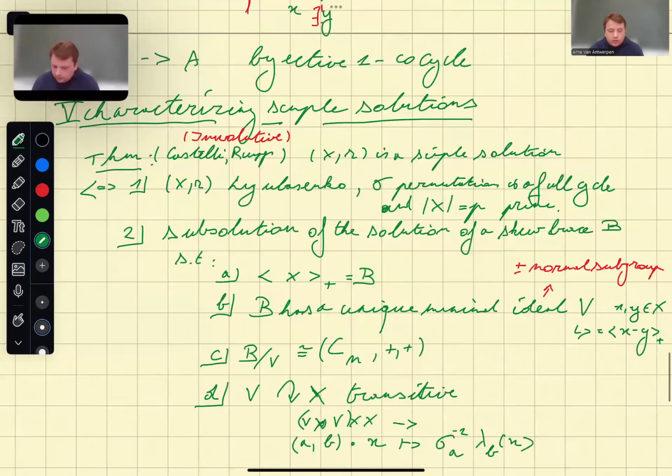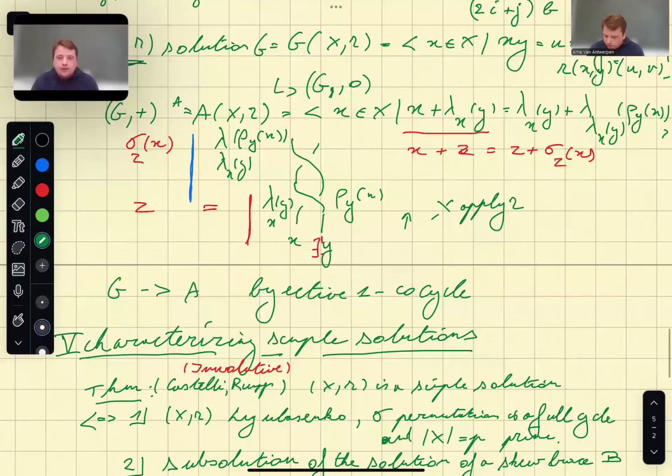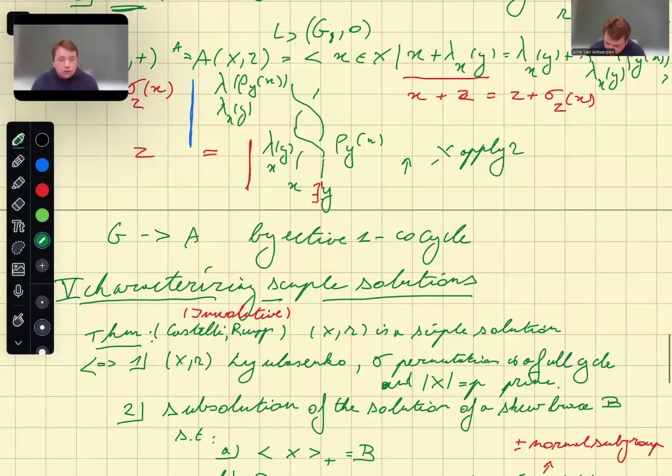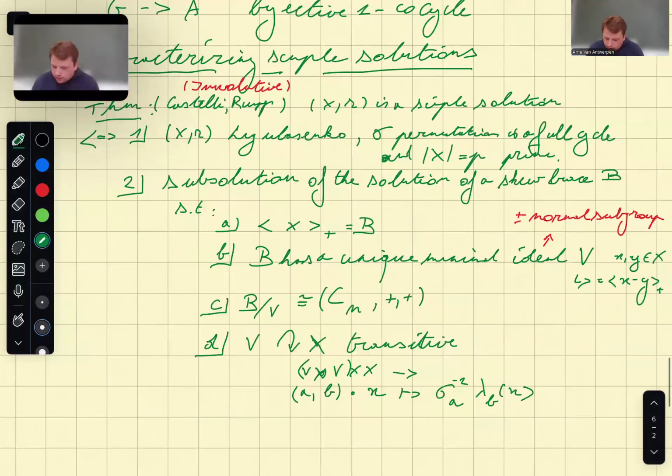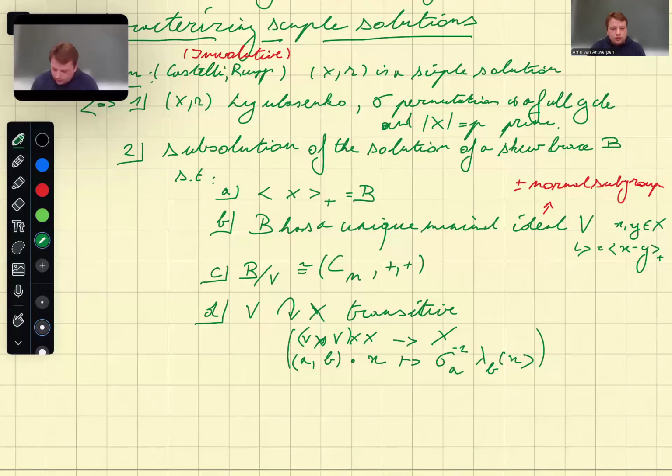So it corresponds to the additive conjugation. I forgot to write this. I didn't explicitly say what this semi-direct product is. In some way, you can define an action from V, circle, on V, plus, through the lambdas. If you want to know more, you are very welcome to read our paper. It's on arXiv.